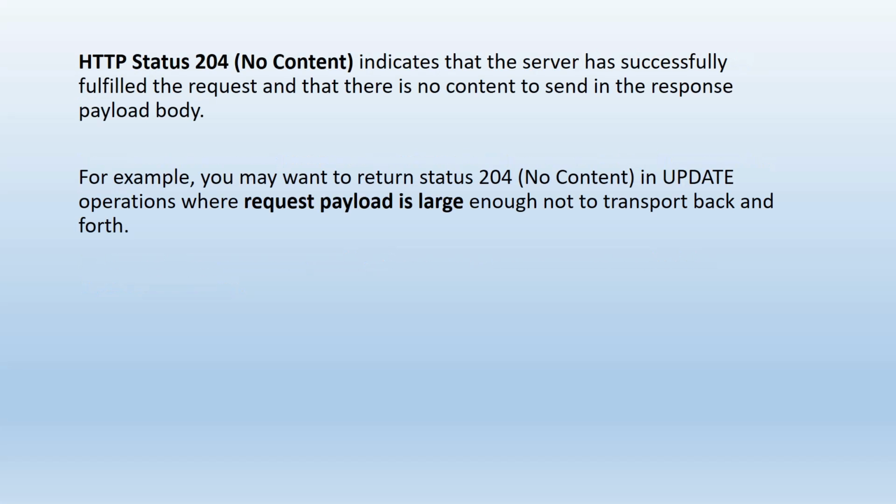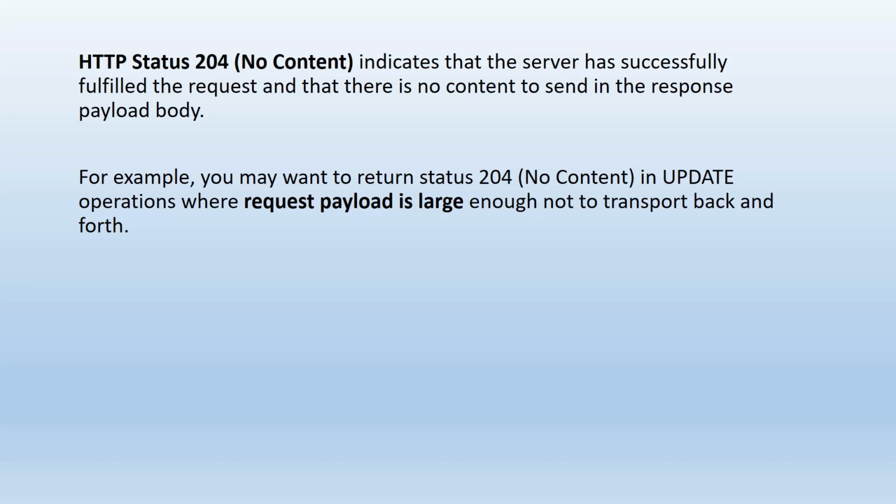Let me go to the 204 status code. I will tell you in which case we can use this 204. I already told you that we can use this 204 status code to indicate that the server has successfully fulfilled the request, but the server does not have anything to return.